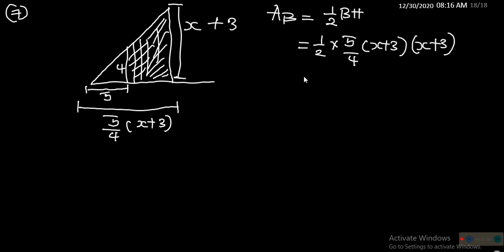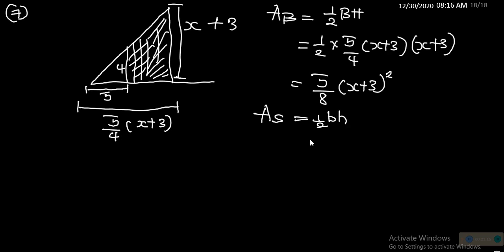Nothing can cancel out, so this can be written as 5/8 into (x plus 3) squared. The area of the small triangle is half base times height, where the base is 5 and the height is 4. So half of 4 is 2, 5 times 2, which is 10.